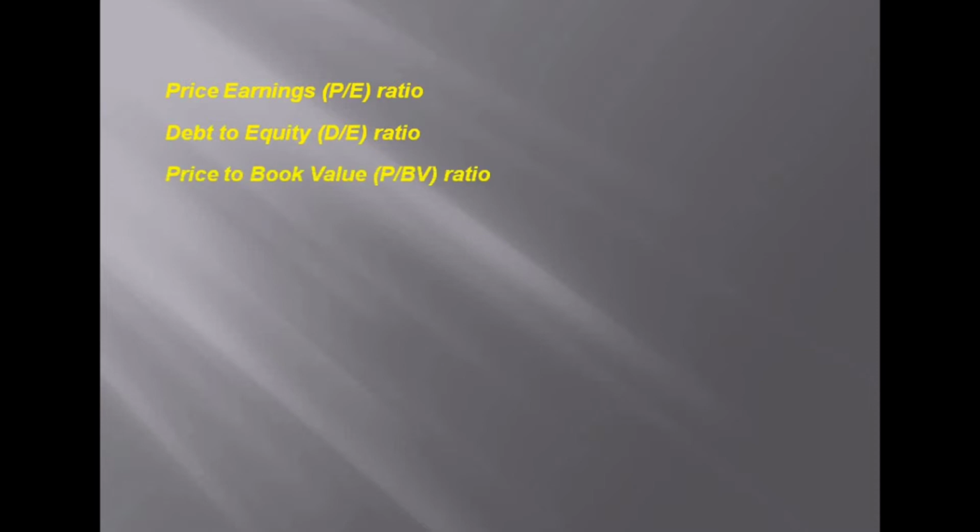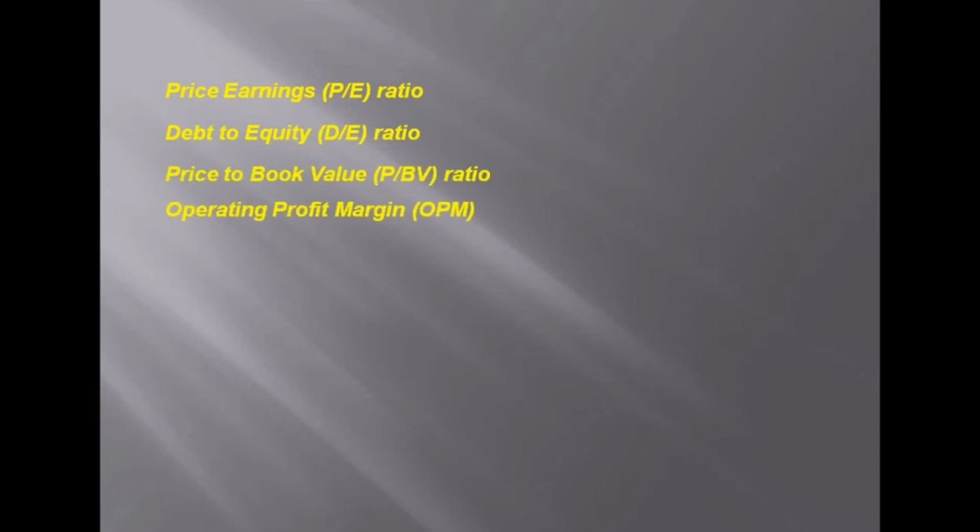Okay, so we'll check some of the important ratios you need to consider when you are doing a fundamental analysis. The first one is your PE ratio. You must have heard this one, price to earning ratio. Second is your D/E ratio, debt to equity ratio, and then PB value, price to book value.